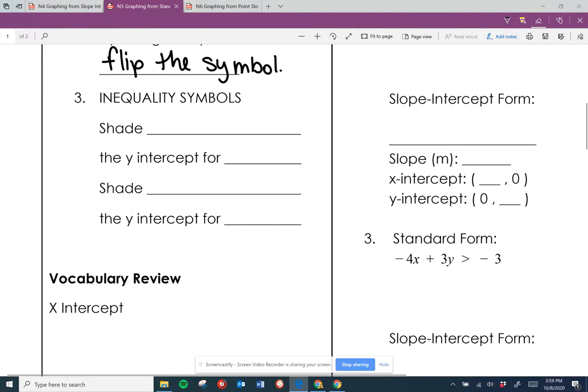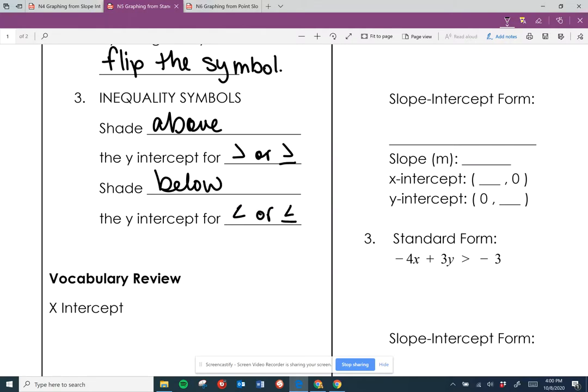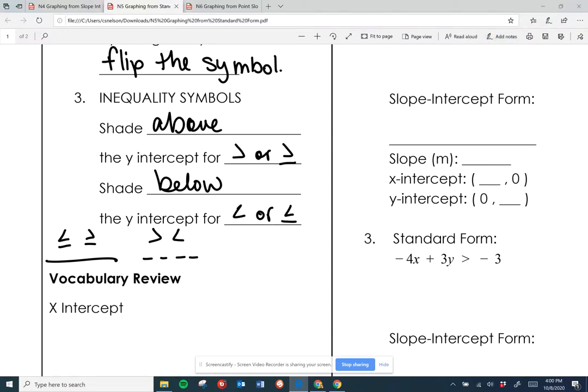We are going to shade above the y-intercept for greater than or equal to, and we are going to shade below the y-intercept for less than or equal to. Also, as a reminder, the equal to symbols have solid lines, and the not equal to symbols have dashed lines. Just a quick recap of some vocabulary.